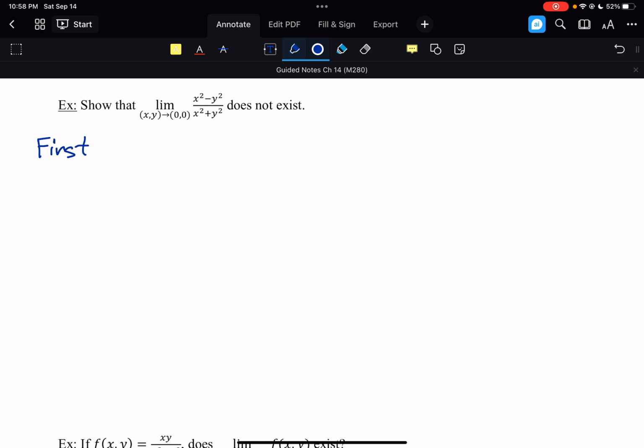So first, approach along the x-axis. If we're along the x-axis, that means that y equals 0. That's the equation of the x-axis. So we're going to have the limit of (x, 0), because we're assuming that y is 0, as (x,y) approaches (0,0). We'll sub in 0 for y.